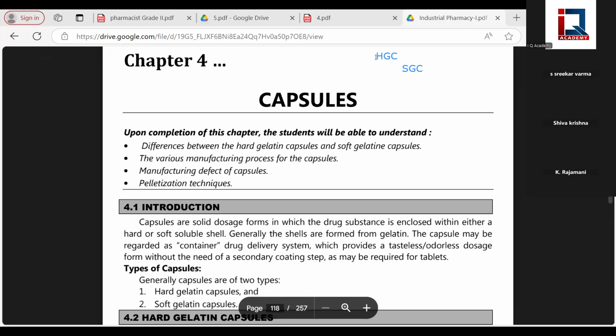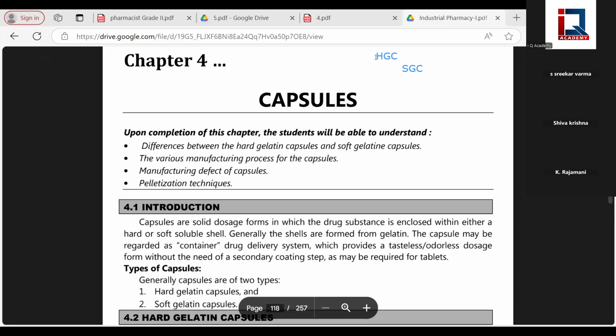So we have different sizes like triple zero, double zero, zero, 1, 2, 3, 4, 5. These are different sizes of hard gelatin capsule, but the shape is the same. Whereas in soft gelatin capsules, we can find different shapes, like oval shape, oblong shape, cylindrical shape, spherical shape, because the shell is flexible.